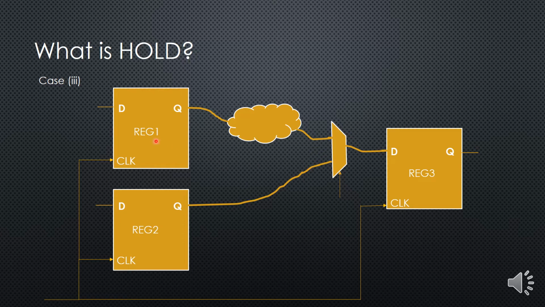Whenever we are in the process of storing the data which was launched by register 1 on the previous edge, and it is being stored in register 3 on the current edge, the data which is launched by register 2 can come and disturb the storing process. The data may not be stored properly in register 3, and in that way we have hold violations.